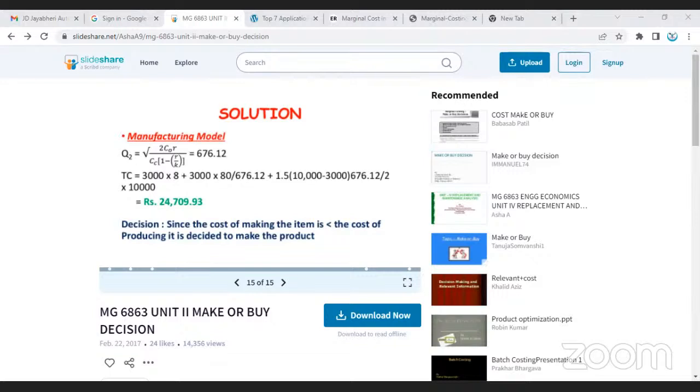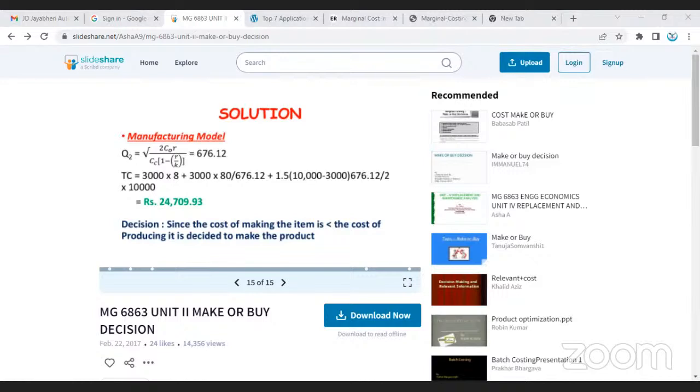Any doubts? Now in block 5, we're expecting problems as well as theory. What is marginal costing? Explain the characteristics of marginal costing, right? And problems on either make or buy a product, or what we call sales mix, or fixing a selling price.